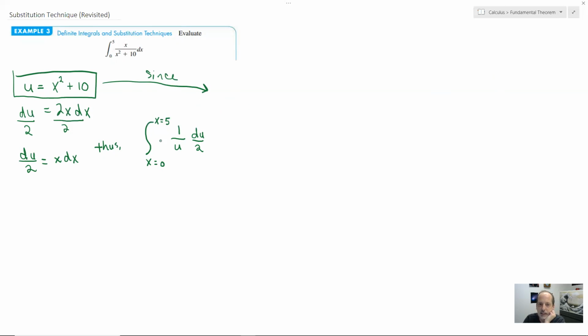And we can recalculate these and make them in terms of u instead of x. So if x equals 0, u is equal to 0 squared plus 10. And if x equals my upper bound 5, then u equals 5 squared plus 10.